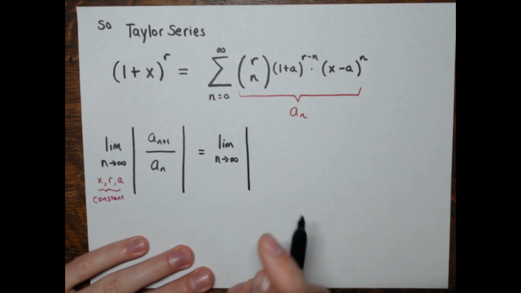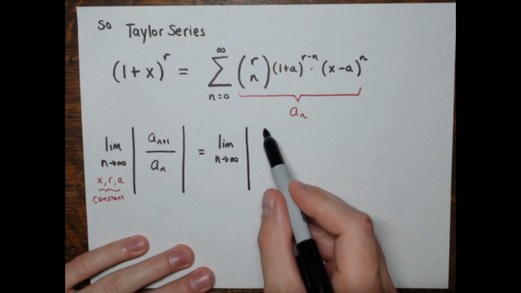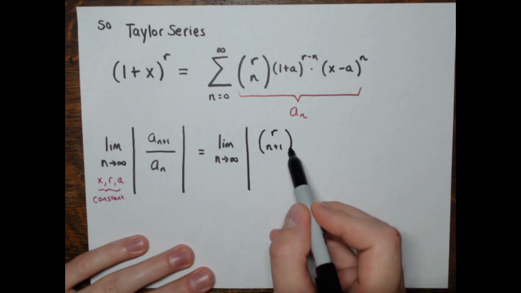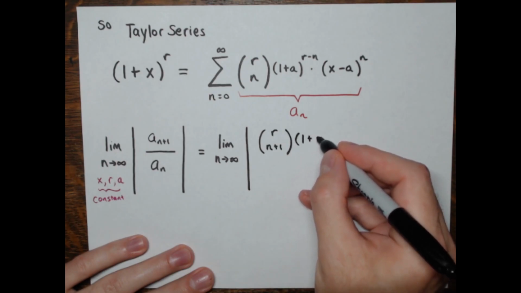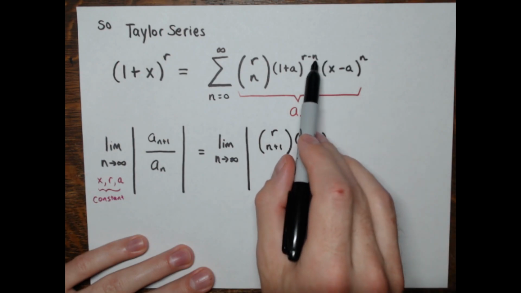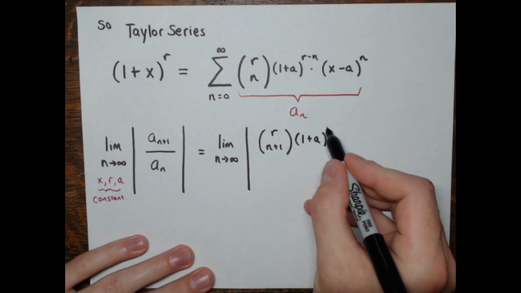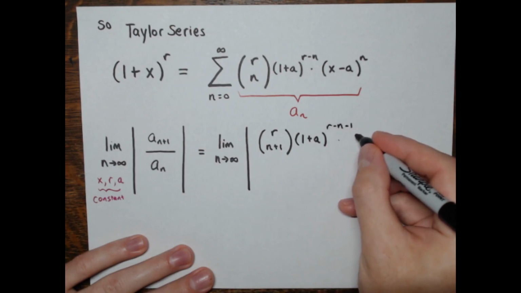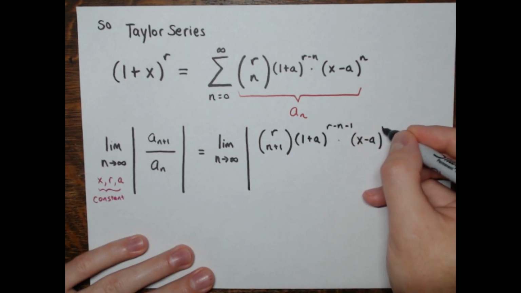So the limit as n approaches infinity of the absolute value of r choose n plus 1 times 1 plus a. If I replace n with the quantity n plus 1 and distribute the negative, that'll be r minus n minus 1, times x minus a to the n plus 1 power.